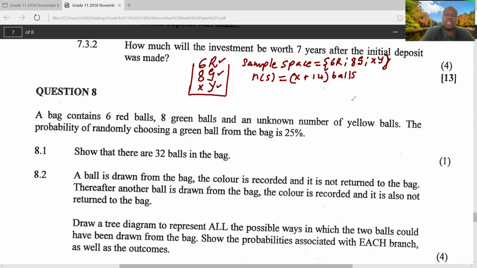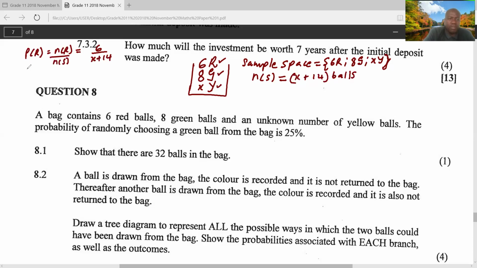So what does this mean? It means if we were to calculate the probability, we'll say, okay, the probability of getting a red is the number of reds divided by the sample size. What is the probability of getting red? It's only 6 over the sample size, which is X plus 14.